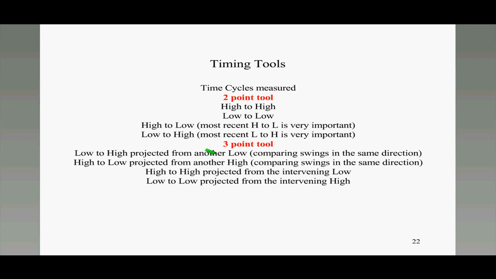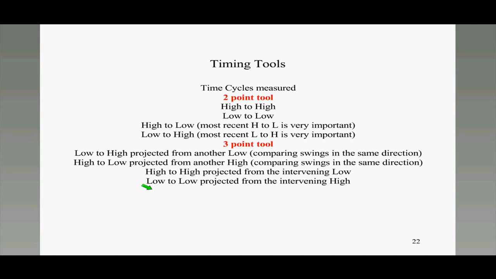And then you can also run with the three-pointed tool the highs to lows projected from another high, again comparing swings in the same direction. And then you can also measure, and I don't use this or need this as much, but I do look at it if it's obvious, you can take a prior high-to-high swing in time and then project forward from the intervening low, or you can measure a low-to-low swing.